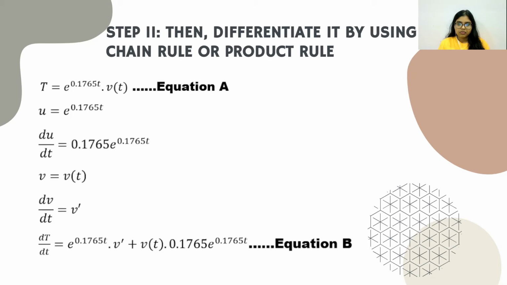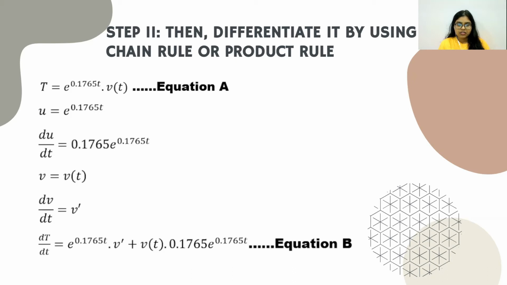So now we have to use the product rule to differentiate equation A. We let u equal e to the power of 0.1765t, and differentiating u with respect to t, we get du over dt equals 0.1765 times e to the power of 0.1765t.